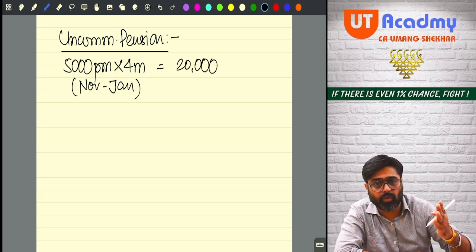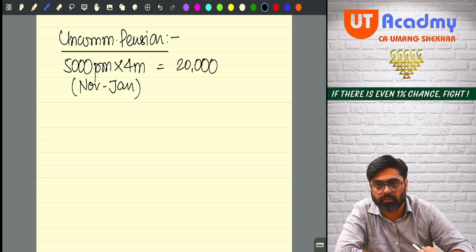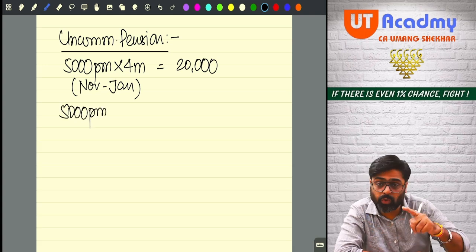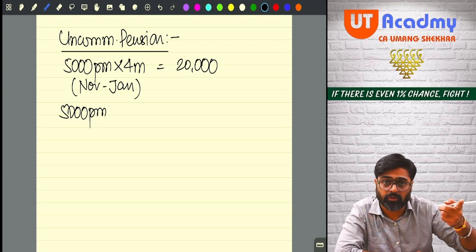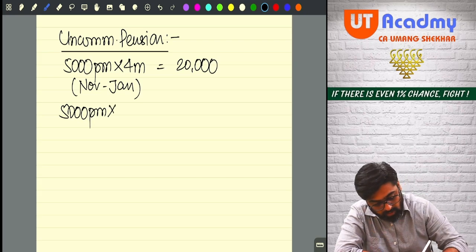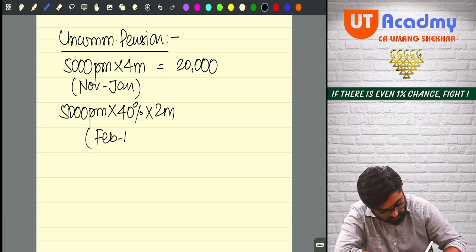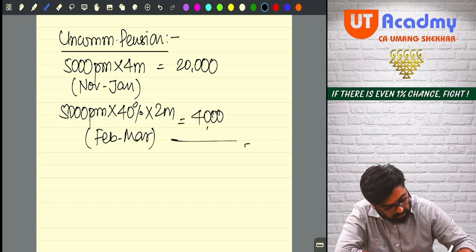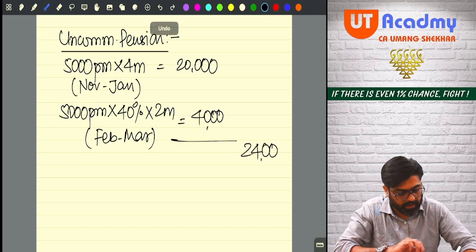Then on 1st February he commuted 60% of this. So the 5,000 which he was supposed to receive for February and March, he will not receive now because he has already commuted 60%. He will get only 40% for February and March, 2 months. So he will get 4,000. So 20,000 plus 4,000, the amount will be 24,000.